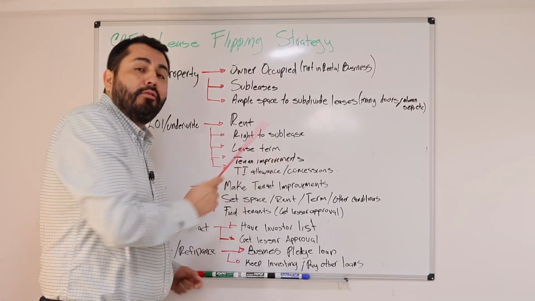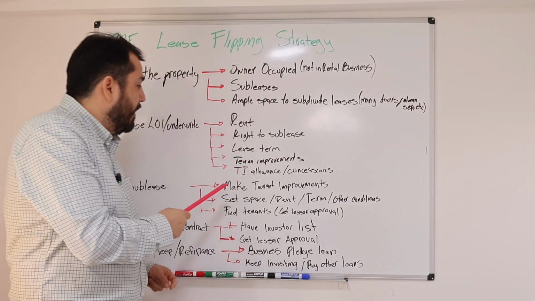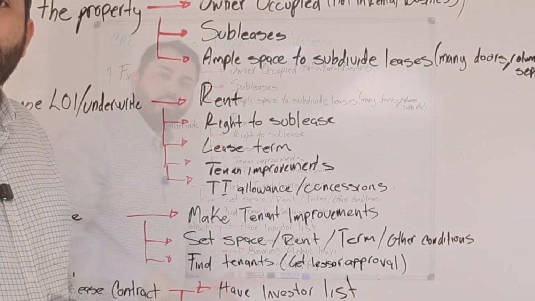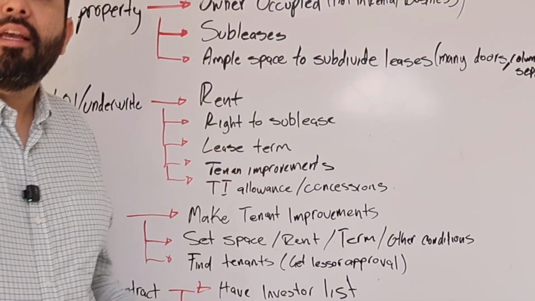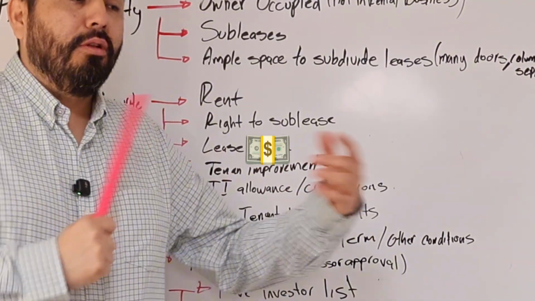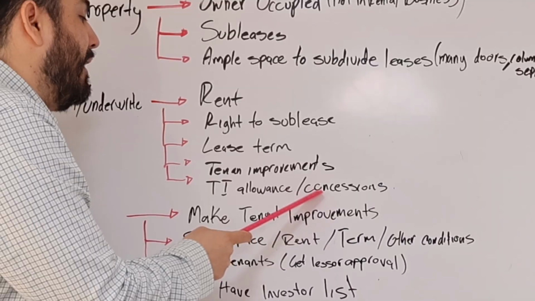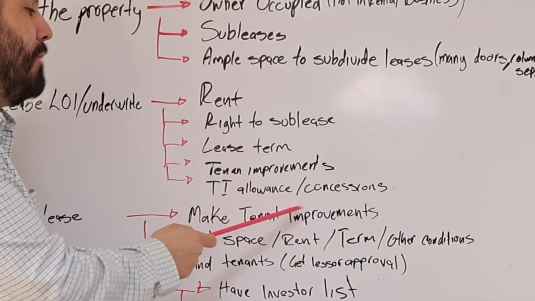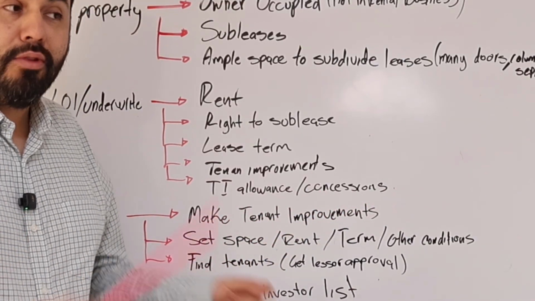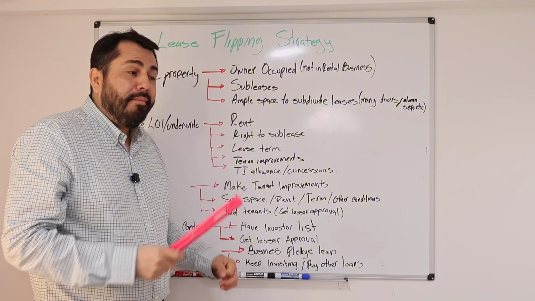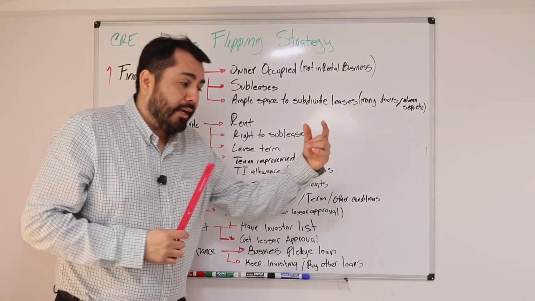So you have to find out where will you build those 3 extra doors, and you have to negotiate with the lessor or with the owner if you can make those extra improvements and who will pay for it. If you will pay, or maybe they will give you some tenant improvements allowances, so the lessor will pay for it, or maybe take it from the rent.